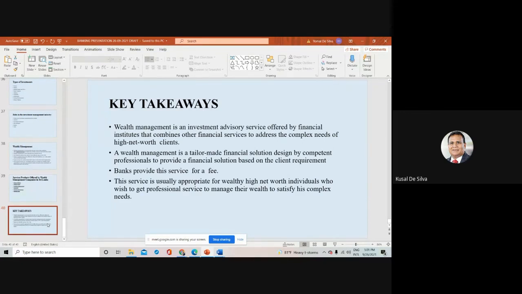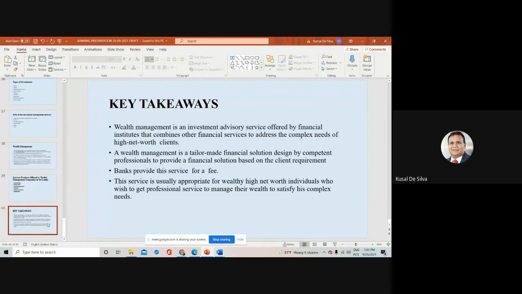Suppose I have a very small wealth, and if I put everything together, I have a small amount, say 500,000. If I go and request the service of a wealth manager or wealth management company, they may not agree, because my amount is not sufficient for them to make a good return, because of the cost-benefit.